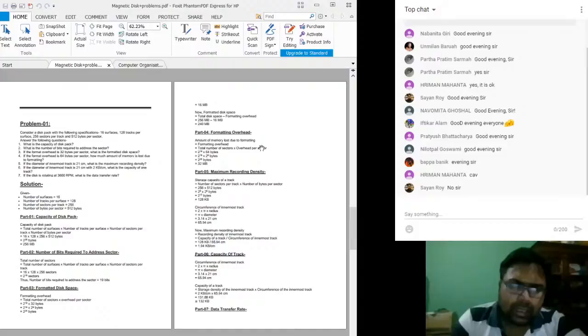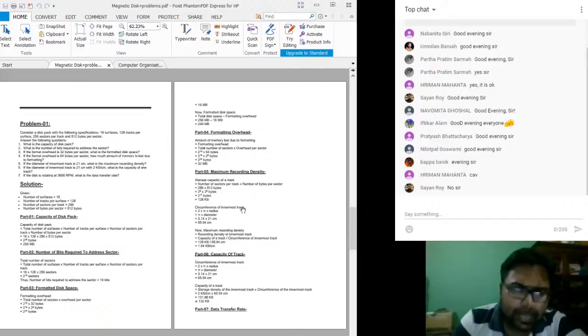Okay. Next comes maximum recording density. First is the storage capacity of the track, which is the number of sectors per track multiplied by number of bytes per sector.